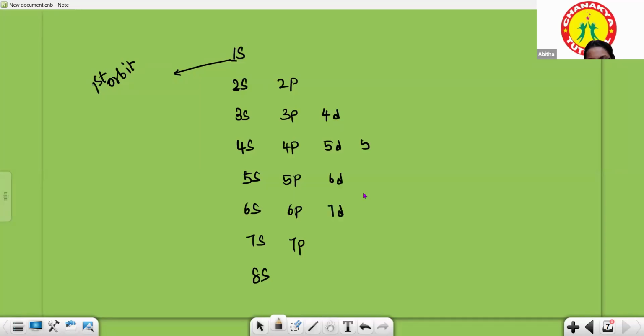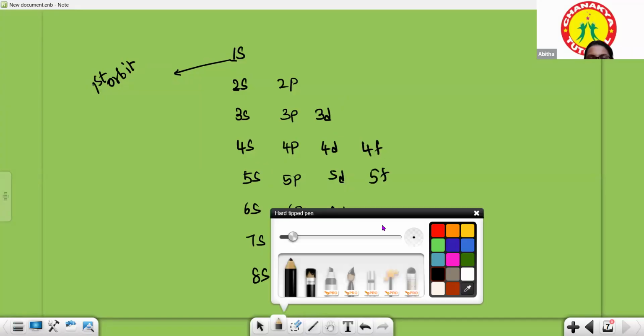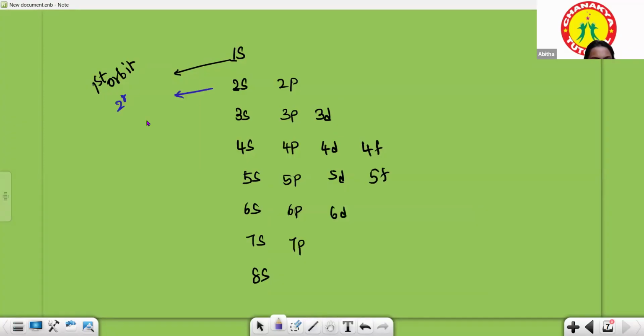Then you have 3d, 4d, 5d, 6d. Next you have 4f, 5f. So in the first level, this is the first orbit, this is the second orbit, third orbit, fourth orbit. In each orbit, these are the levels.